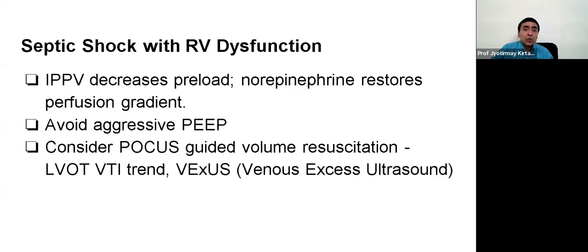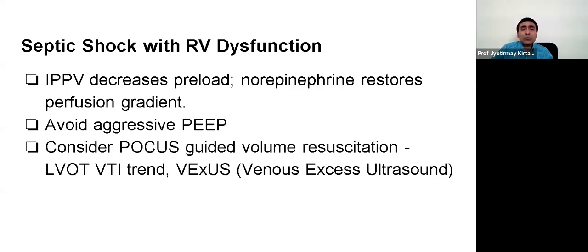So in such a situation, we'll go for focus-guided volume resuscitation. Fill up an underloaded right ventricle and don't overload an overloaded one. How do we know? You can go for the IVC collapsibility index. You can do a left parasternal short axis view, left parasternal long axis view. Look at the RV size in comparison to the LV.